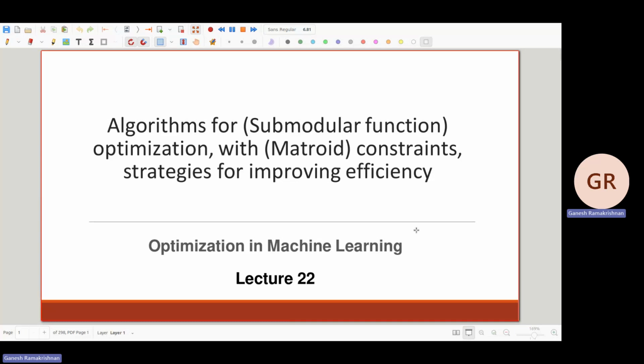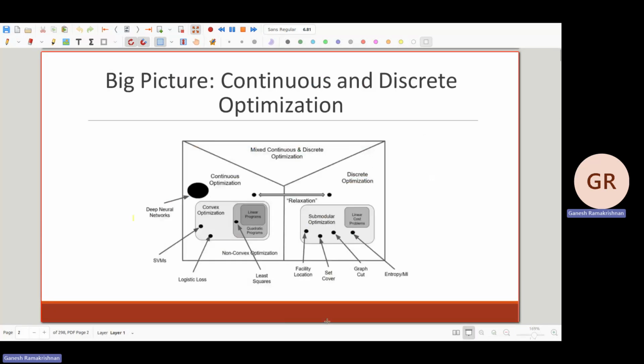Now, number of parameters. So the big picture is, while we have dealt a lot with continuous optimization, discrete optimization problems surface in two ways. One is you can view them as the original problem to which continuous optimizations have been manifest as relaxations, right?